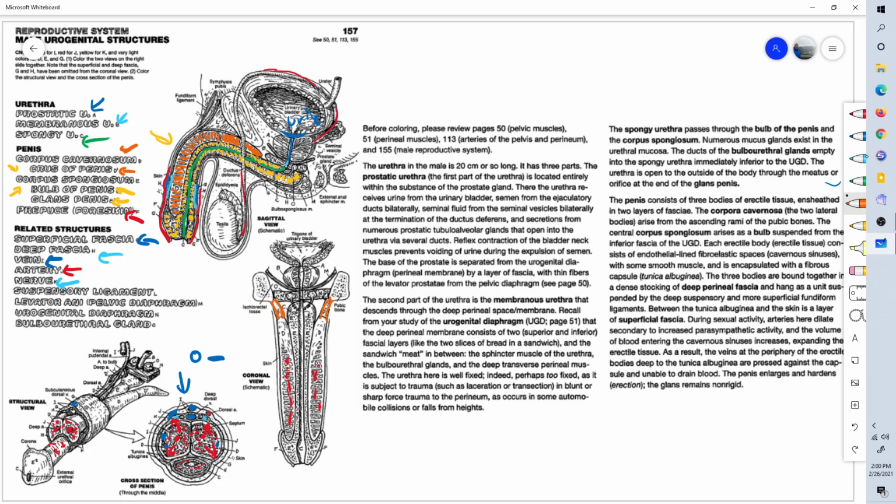While the corpus spongiosum is also connected, but it doesn't connect to the pubic bone. It connects to this area called the urogenital diaphragm. So it's connected by fascia and soft tissue right in here.